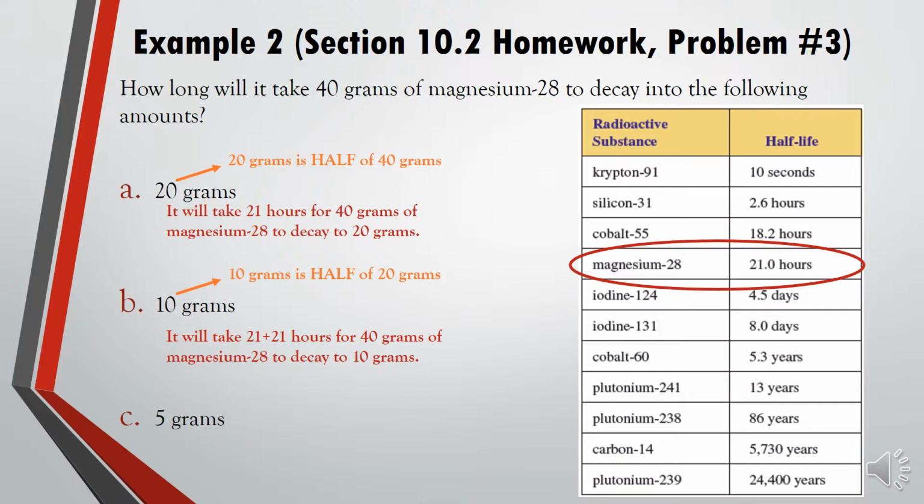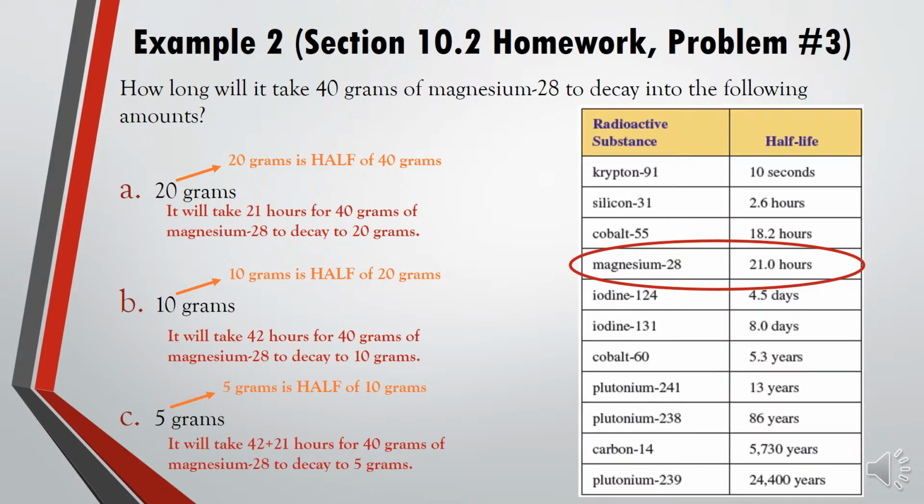Or excuse me, for 40 grams to decay to 10 grams. So 21 plus 21 is 42. And then last, you can probably figure this one out from here. Since 5 grams is exactly half of 10 grams, it's going to take 21 plus 21 plus 21, which is 63 hours for 40 grams of magnesium 28 to decay to 5 grams.